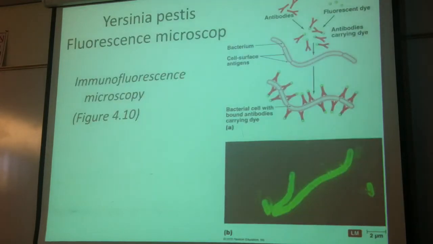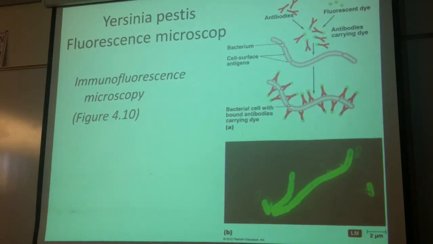And another thing is you can actually dye things fluorescently. Something we do all the time in science. You have an organism or a protein you want to tag. You have an antibody, which is specific to whatever you're trying to probe. And then you have fluorescent dyes, which are specific for your antibody.